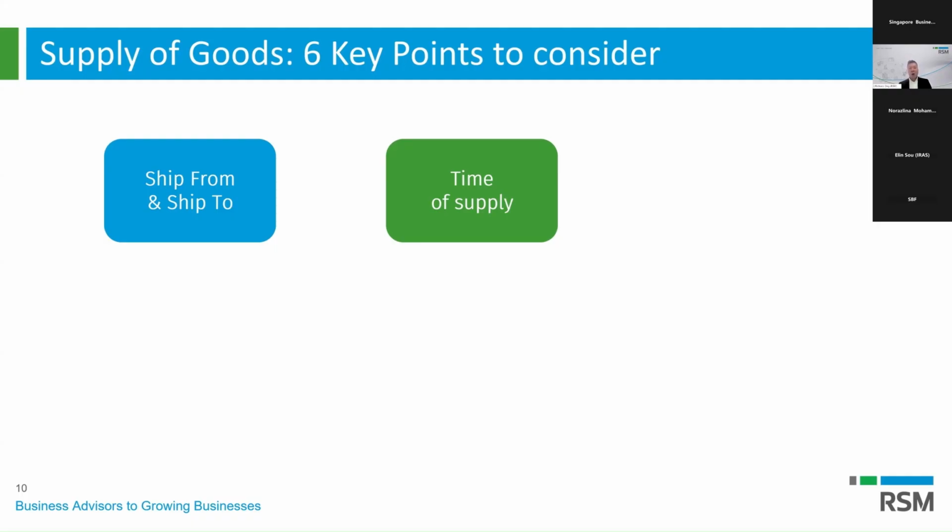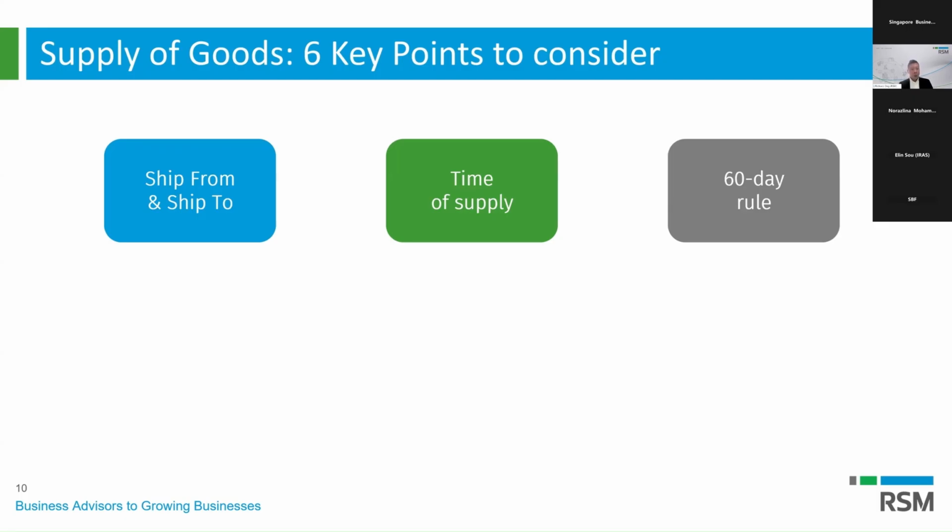Okay. Obviously, time of supply will also lead us to this important point, which the poll question that we went through earlier, the 60-day rule, particularly for export of goods, which our IRAS speaker have shared earlier.